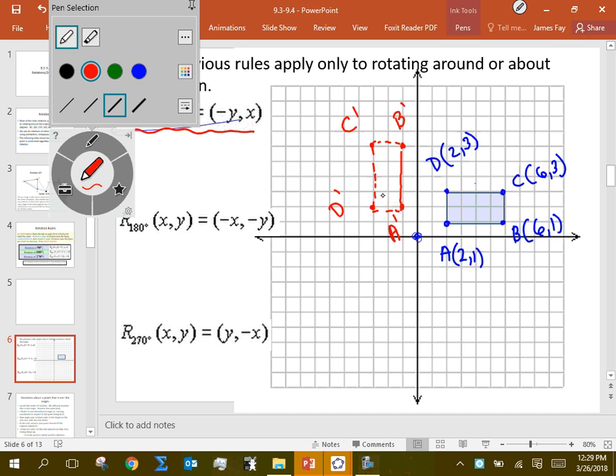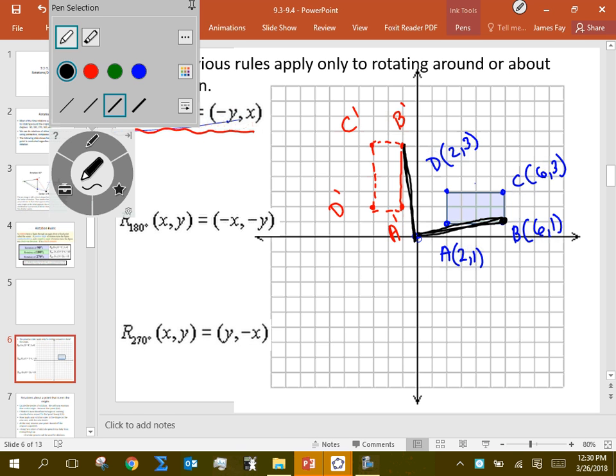But what I want to prove to you is that you have the ability to check this to make sure you've done things correctly. The rotation always comes from the origin, right? So I'm going to take point B. You can do this with any point; I'm just going to arbitrarily choose B. In that segment right there, in that segment to B prime.